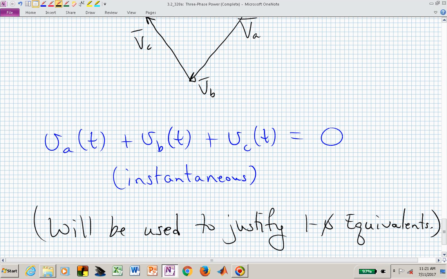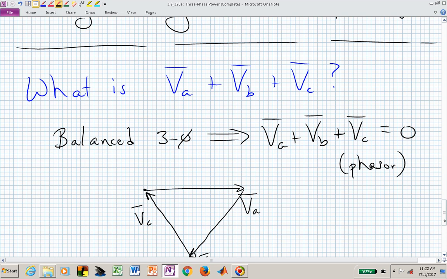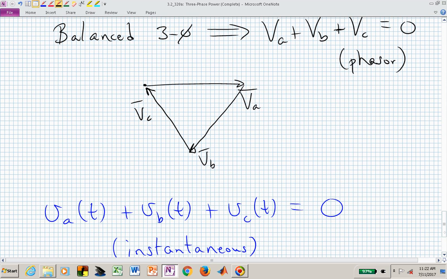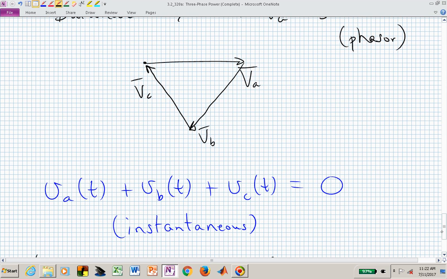So don't forget this particular condition, that the sum of the three phases, if it's in a balanced configuration, will sum to 0. And that means that instantaneously, if we are adding up these three voltages, they will sum to 0.